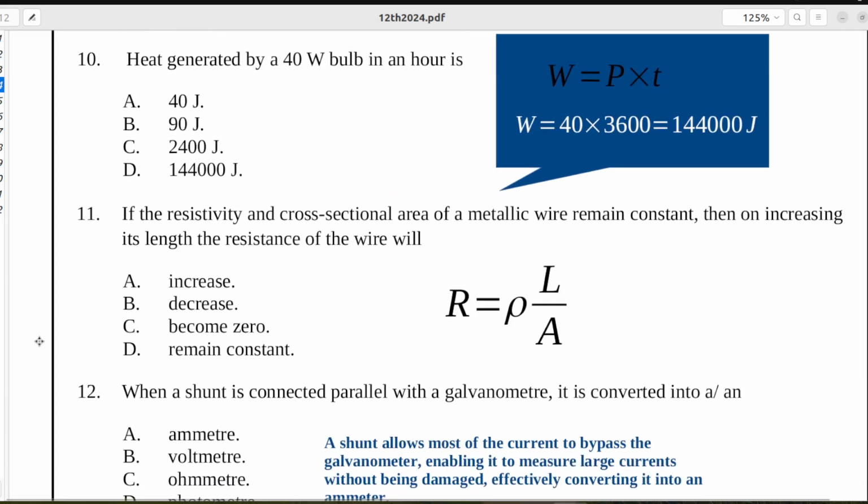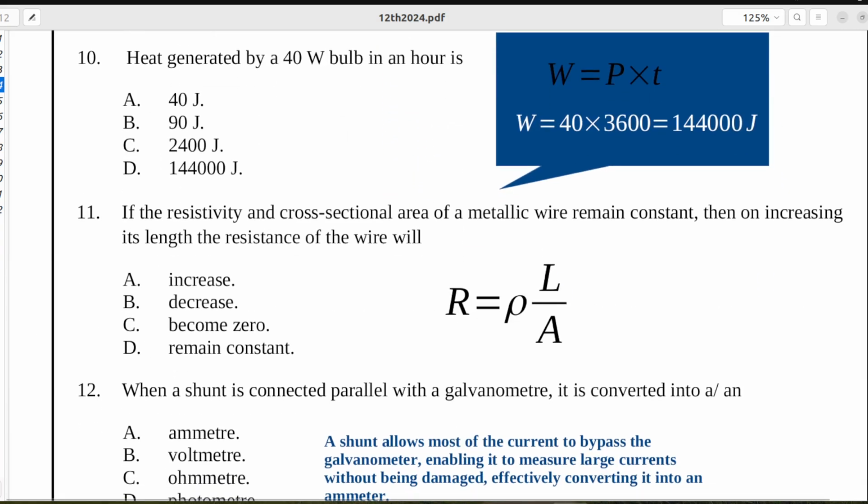Let's see question number 10. Heat generated by a 40 watt bulb in an hour is, well, just using the formula for heat, which is the product of power into time.